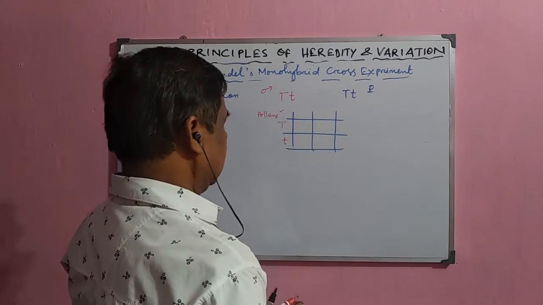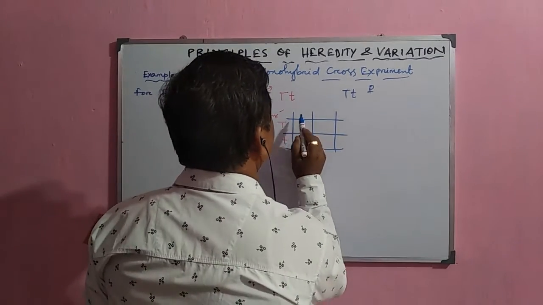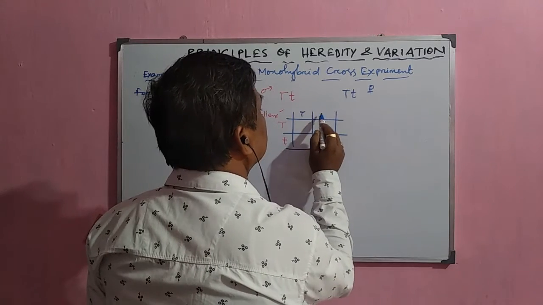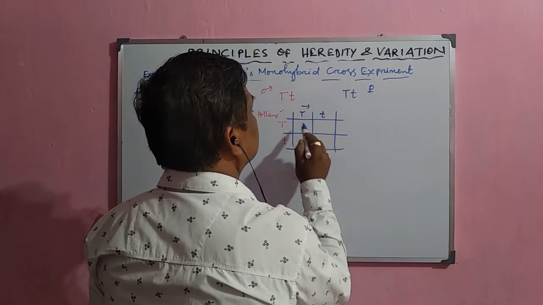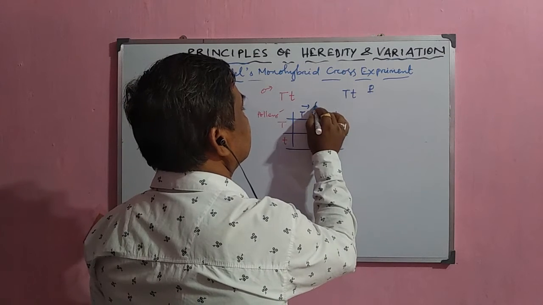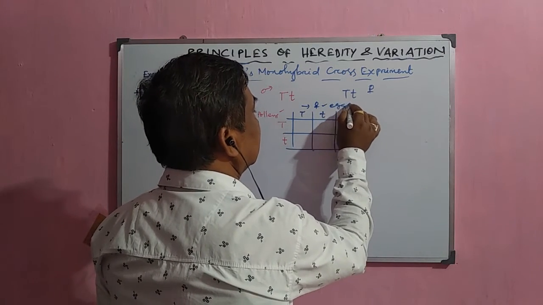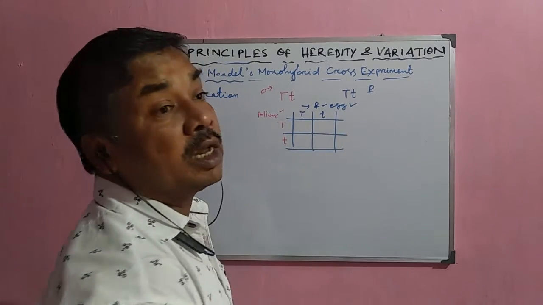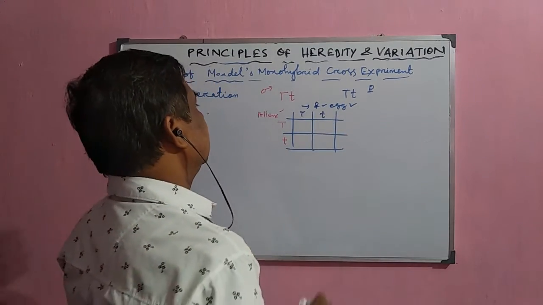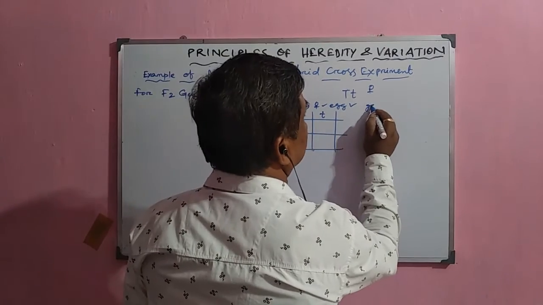And the female flower produces two types of egg cells, capital T and small t type. And these egg cells are also called the gametes.